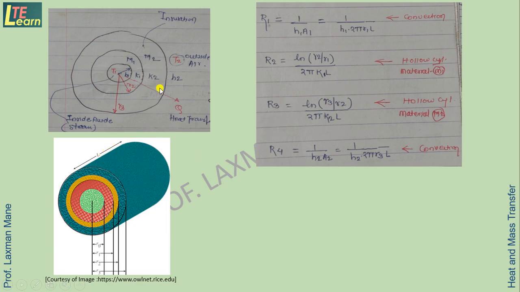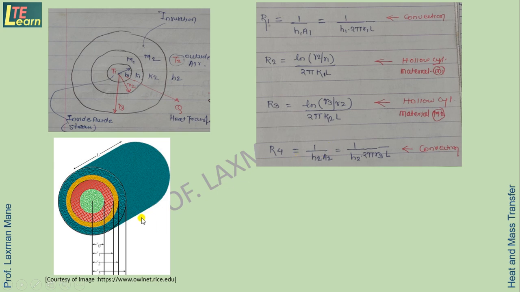R3 is the resistance for this outer layer having material M2. For that, R3 is equal to the natural log ratio of R3 by R2, where R3 is the outer radius and R2 is this second radius, divided by 2 pi into the corresponding thermal conductivity of the M2 material, K2, and length L.